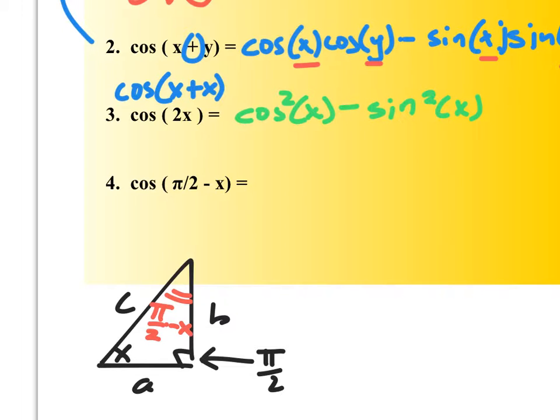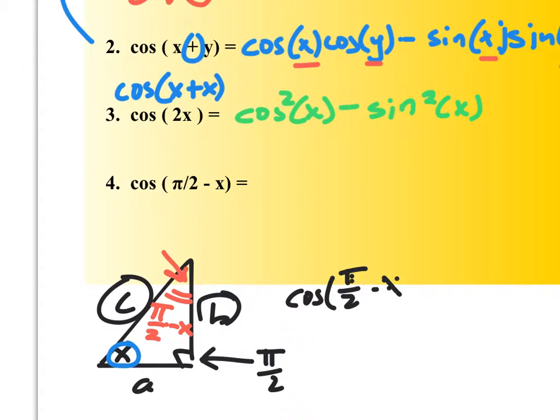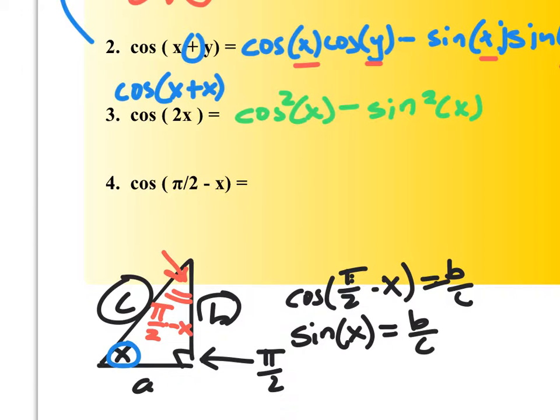These two angles need to add to pi over 2 if it's a right triangle. Therefore, the cosine of pi over 2 minus x would be b over c. What that's equal to is the sine of x, which is also b over c. Therefore, this is the sine of x.